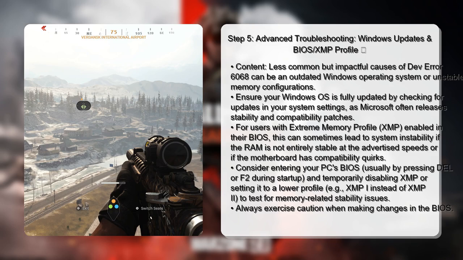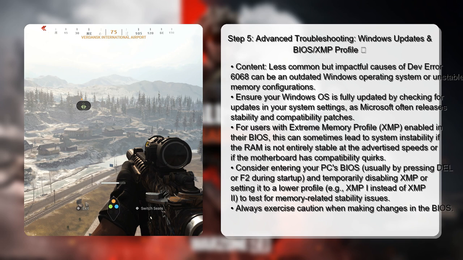Advanced troubleshooting: Windows updates and BIOS profiles. Less common but impactful causes of dev errors can be an outdated Windows operating system or unstable memory configurations. Ensure your Windows OS is fully updated by checking for updates in your system settings, as Microsoft often releases stability and compatibility patches. Some users have extreme memory profiles enabled in their BIOS, which can sometimes lead to system instability.